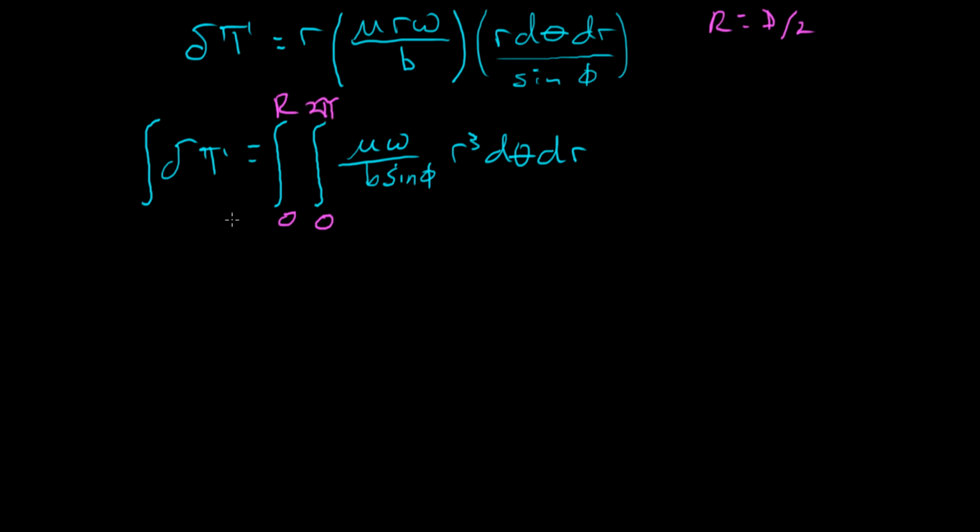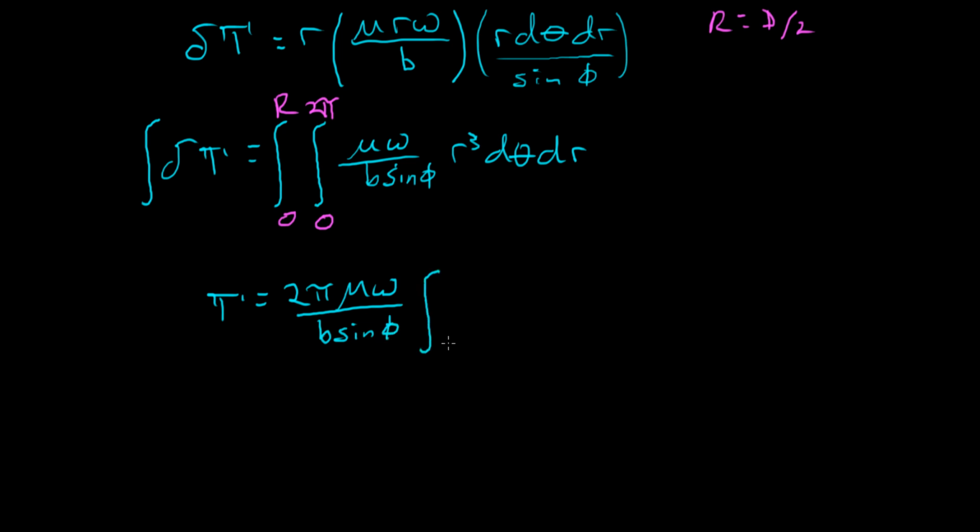And so if we evaluate this integral, first we do it for theta here. Nothing is a function of theta, and so we're left with the torque being equal to just a 2 pi. That's the integral of theta evaluated. Mu omega over b sine phi.